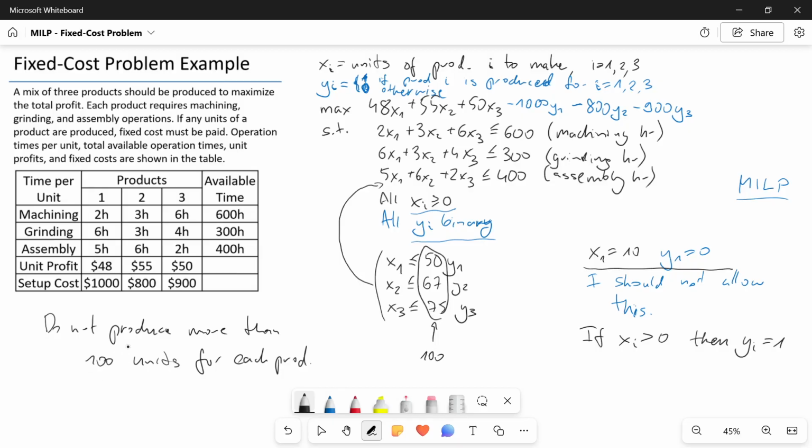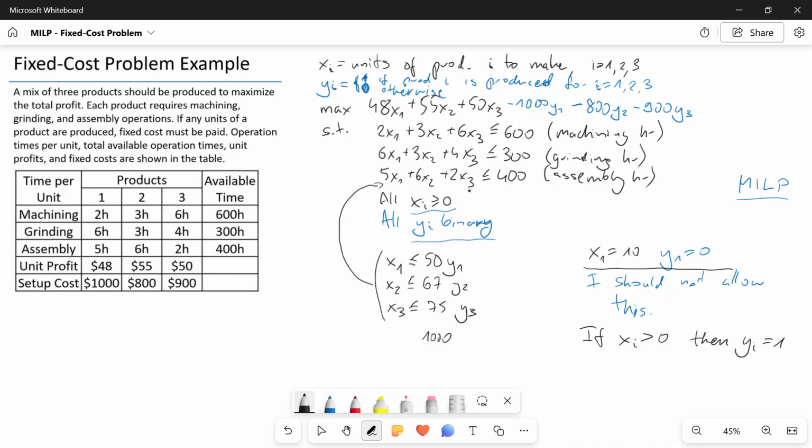But since the limit is not given, we can use something that is reasonable. We can look at constraints, and the simple solution was what I did at the beginning, putting some very large number that definitely is not going to restrict variables x1, x2, and x3.